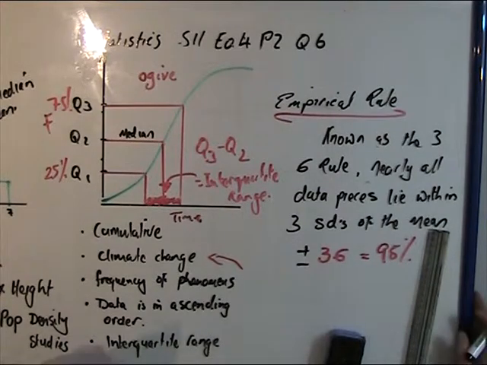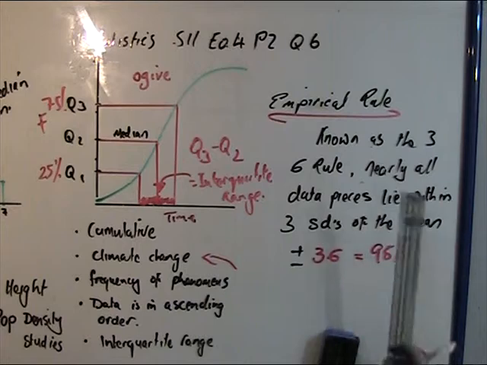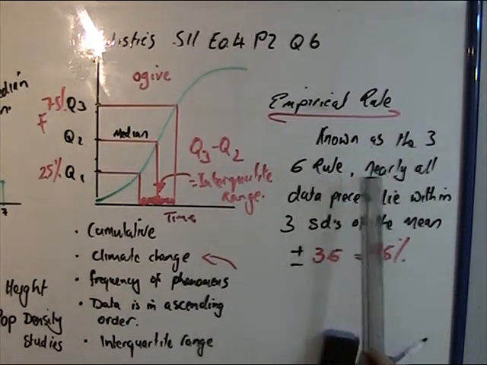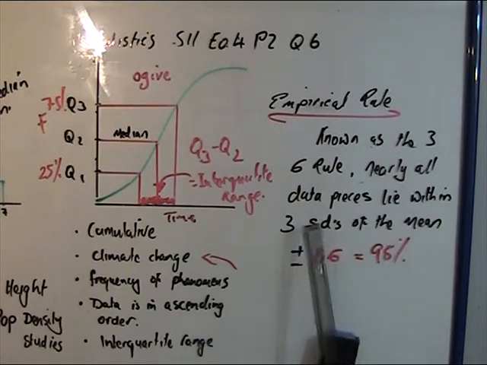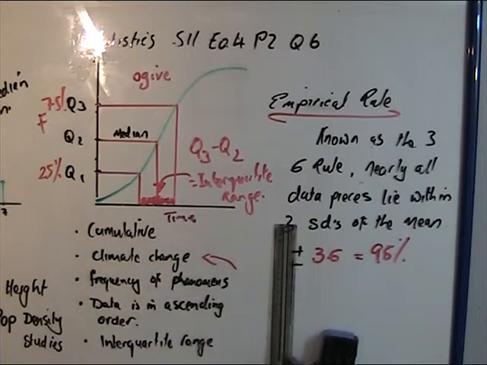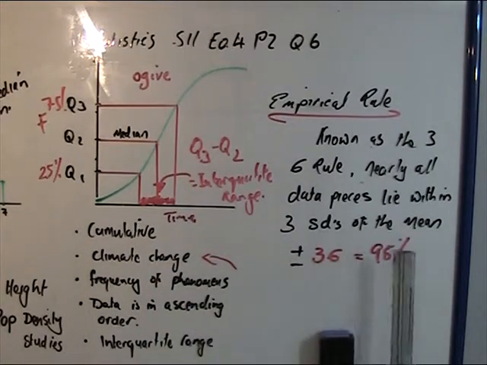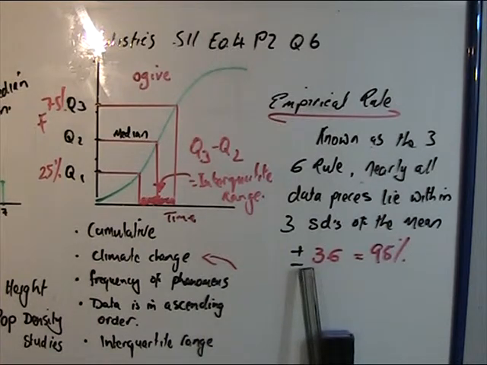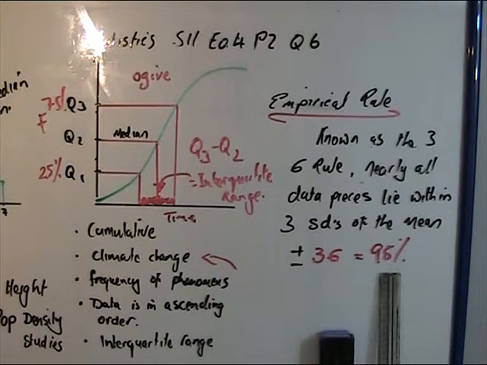Right, now the empirical rule. We did the empirical rule the last day, and the empirical rule is known as the 3 sigma rule. Nearly all the data pieces lie within 3 standard deviations of the mean. Plus or minus 3 standard deviations is about 97%.